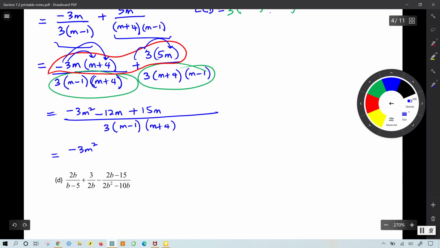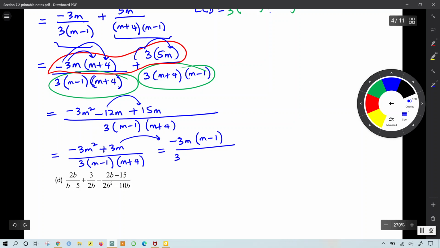So you have negative 3m squared, negative 12 plus 15 is plus 3m, divided by 3 into m minus 1 and m plus 4. And if we observe closely, from the top, we can factor out negative 3m into m minus 1 divided by 3 into m minus 1 times m plus 4.